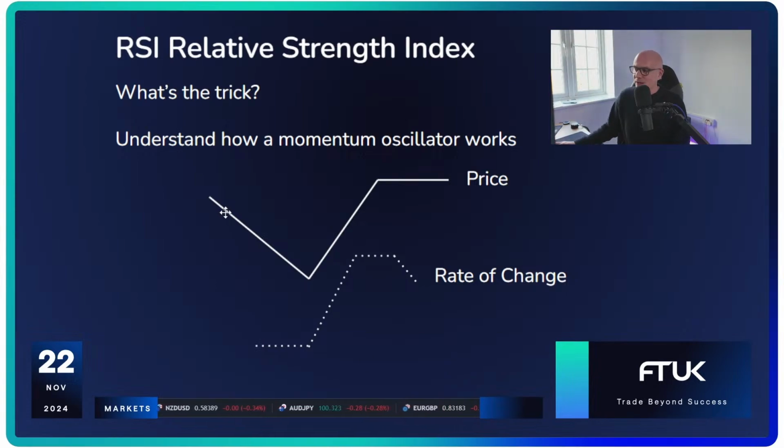So I want you to imagine, like in this move here, that you are moving at the same increment in each time period. Once that starts to be the same amount, you're measuring the rate at which you are changing. And in the case of an RSI, you're doing it over 14 periods. That is what that is actually measuring, the rate of change. That is how we gauge momentum.